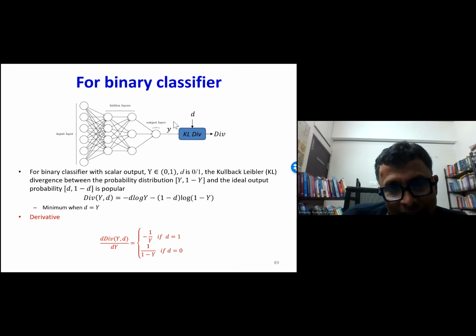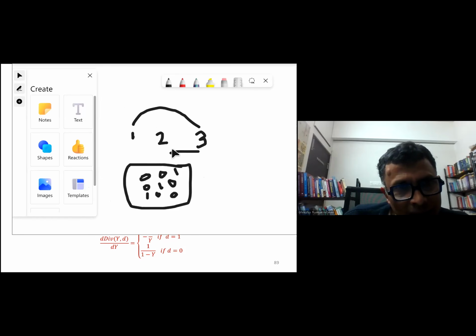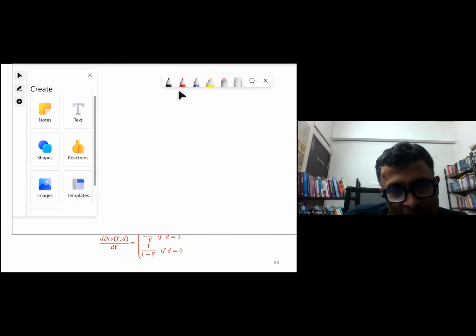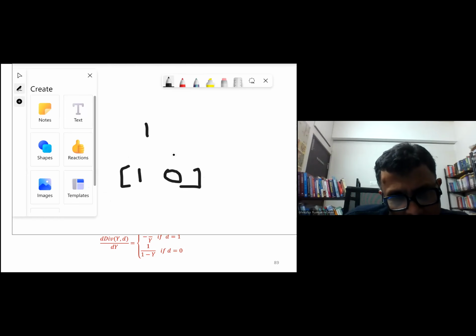And so in this case, you can view this desired output itself as a probability. So the way to think about it is, if I say that the desired output is class 1, then I can think of this as this vector 1, 0.